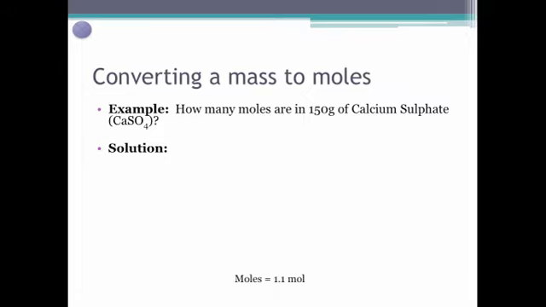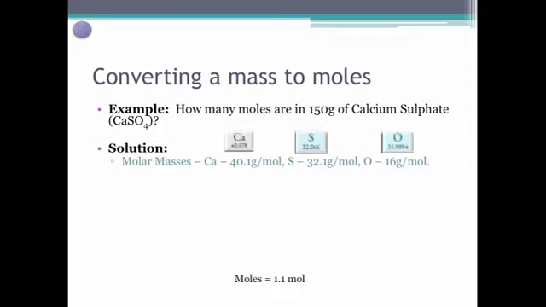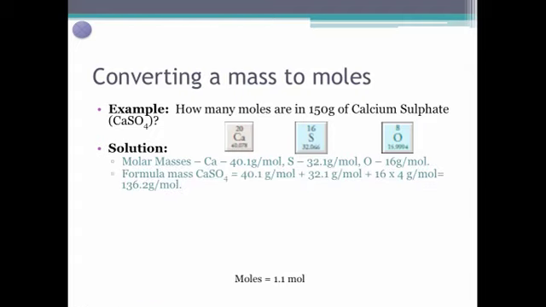Okay, so here's an example. How many moles are there in 150 grams of calcium sulfate? Oh sorry, not copper this time, calcium. So we go through the process of working out the molar mass of calcium sulfate. Okay, we've got them all there.